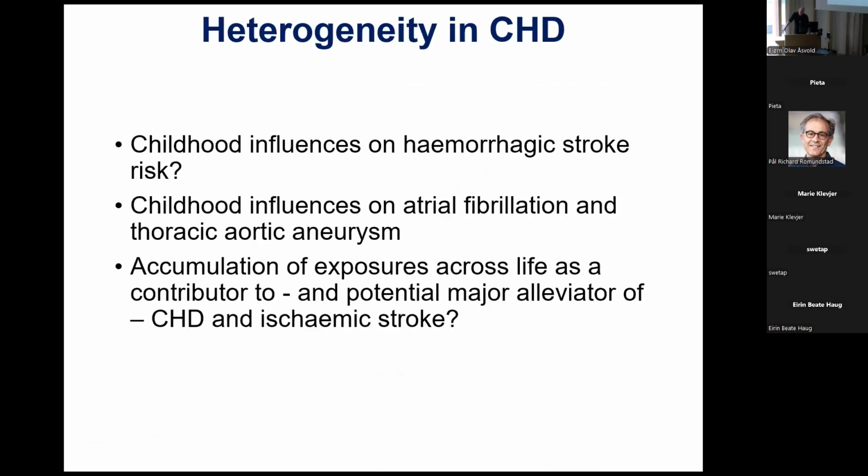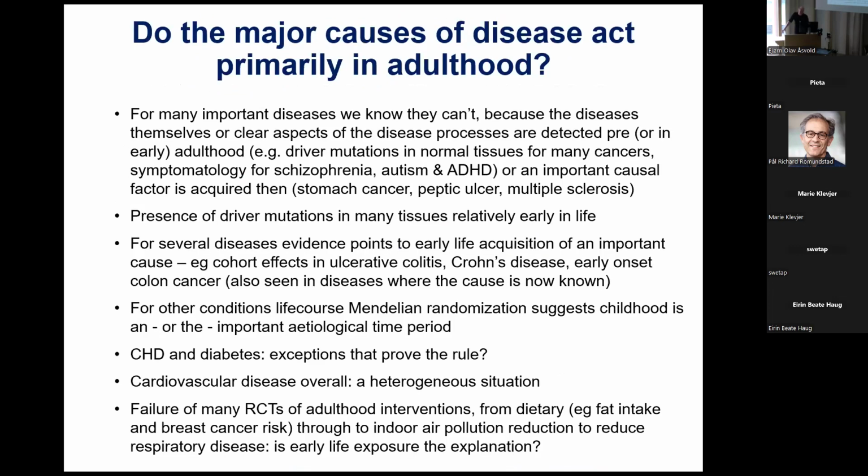So in cardiovascular disease, there's a fair amount of heterogeneity. As I say, maybe lung cancer, some other cancers, coronary heart disease, and type 2 diabetes are exceptions. And the other thing is that there have been RCTs of adulthood interventions.